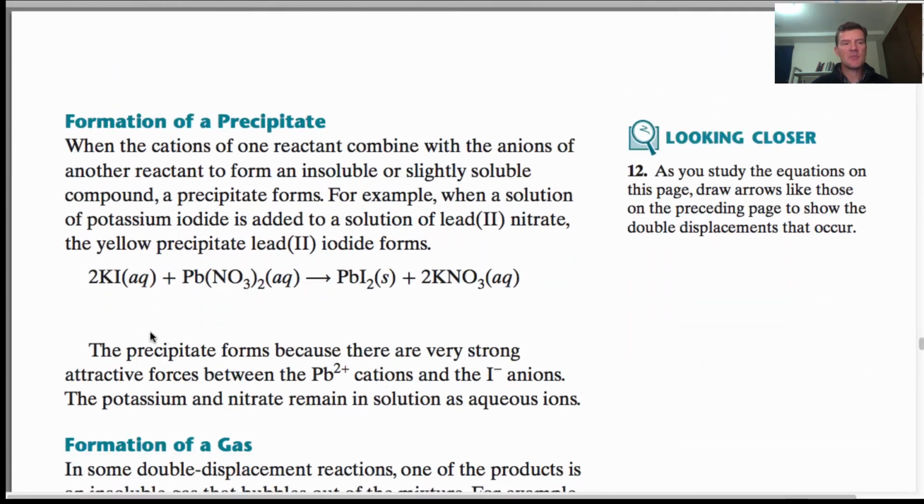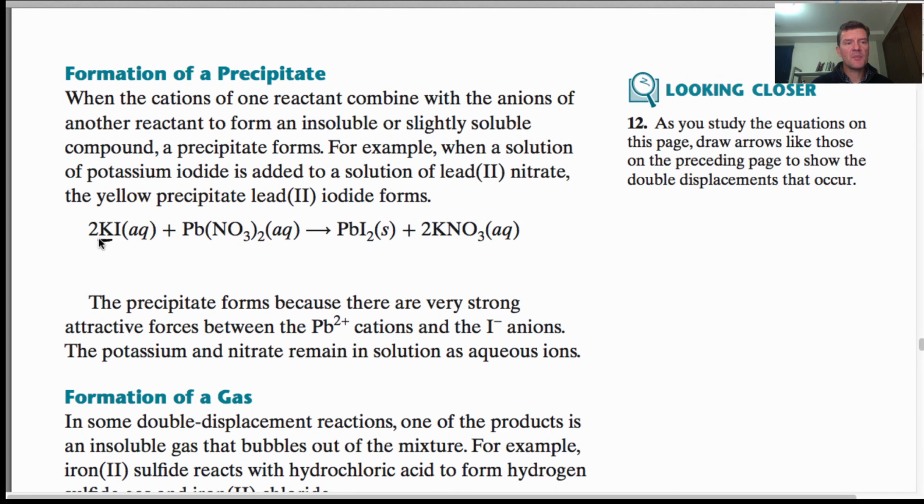Let's look at some examples here. Here we've got the metal potassium and the metal lead. And you'll notice it's the potassium that is in a compound with the iodine, but over here it's the lead that is in a compound with the iodine. Here the lead is with the nitrate, but over here it's the potassium with the nitrate. So basically the potassium and the lead switch places.